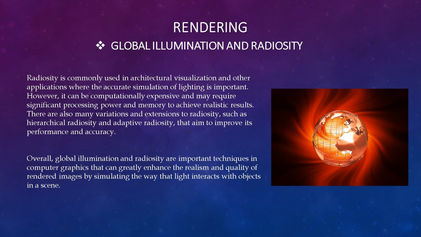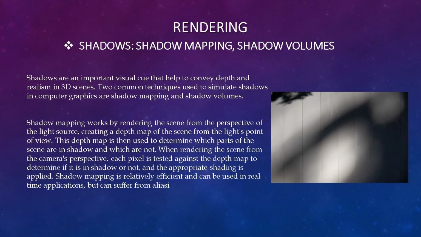There are also many variations and extensions to radiosity, such as hierarchical radiosity and adaptive radiosity, that aim to improve its performance and accuracy. Overall, global illumination and radiosity are important techniques in computer graphics that can greatly enhance the realism and quality of rendered images by simulating the way that light interacts with objects in a scene.